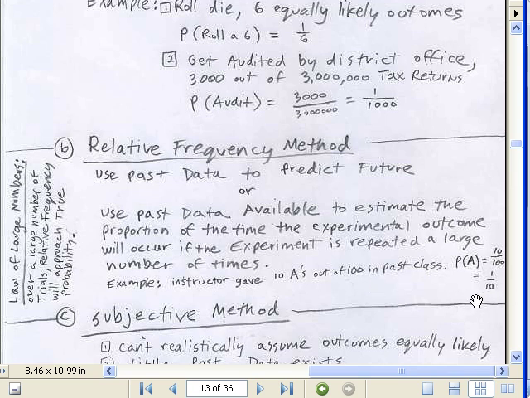That would be using the relative frequency. Now, the law of large numbers, which I have written off to the side here, just says that as the number of trials increases, the relative frequency will approach the true probability. So the more you can.